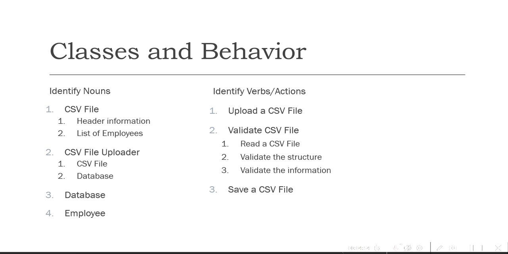There could be some fields which are empty, but they are required, right? So those kinds of validations are done. That's the actual work, our action that happens, right? And save a CSV file is also an action, right? So this is how you identify nouns, classes, and the actions performed by those classes.